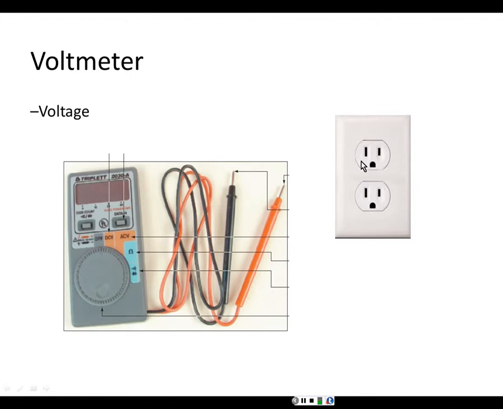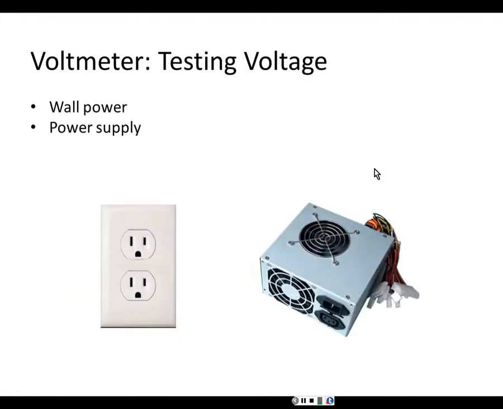But if this socket is only providing 80 or 90 volts, that's enough to make a lamp light up, but a computer cannot run on 80 to 90 volts. It requires the 120 volts, which is what typically comes out of a socket. So a voltmeter not only tells you whether or not the socket has any electricity, but it tells you whether or not the voltage is high enough to support a microcomputer.